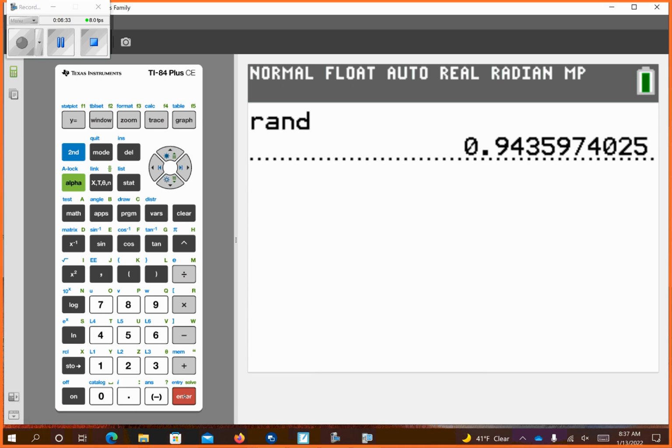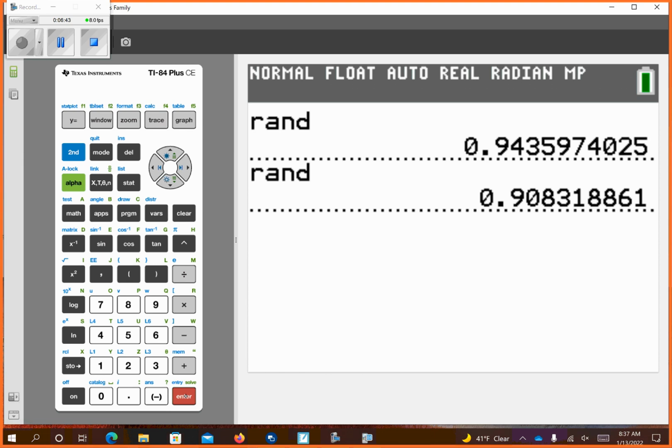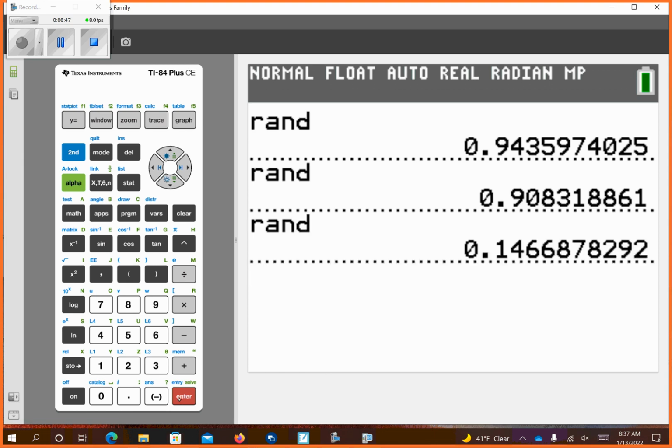Okay. So this is where the flaw in TI is. Hit enter one more time. You got the exact same numbers as me? Hit it one more time. Yours isn't? I got 0.22 and 0.98.